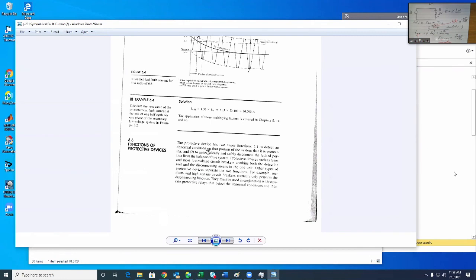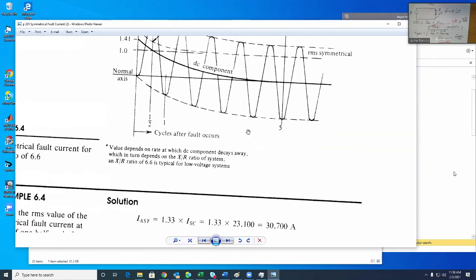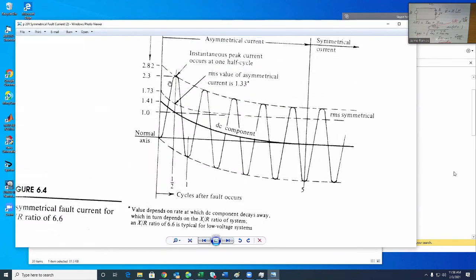So once the fault occurs, it is not going to be interrupted before this first peak. The moment that the fault is interrupted is at zero crossing, maybe one cycle after, or maybe 2 cycles or 3 cycles, depending on how fast, but it's going to be when the current goes through zero.